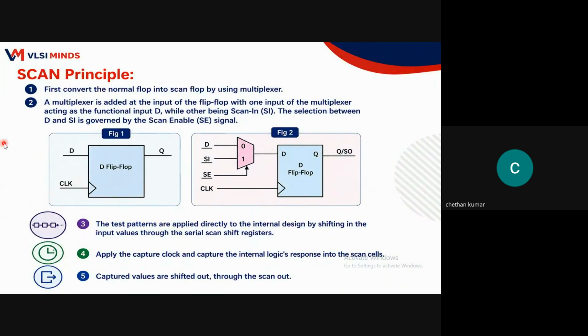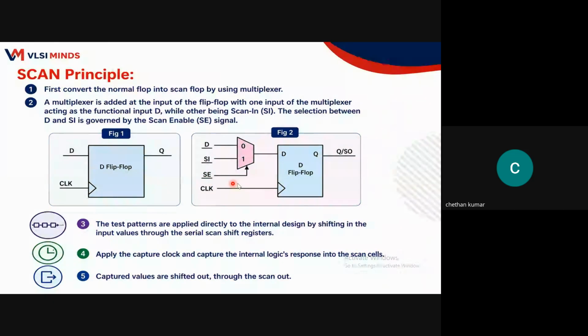So how it works: the basic principle behind scan is, we all know that in our design there will be ordinary D flip-flops, which have D as data input, clock, and Q as output. So we convert this ordinary flip-flop into a scannable flip-flop by adding extra logic, that is a 2x1 multiplexer.